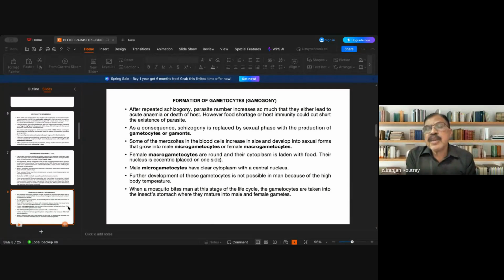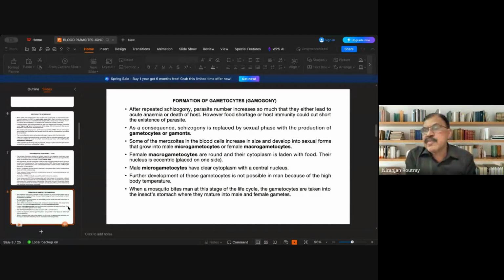Macro means very large, because throughout evolutionary history, the female gametes of all organisms are larger, since they are laden with food. Due to the deposition of food, the nucleus is brought to one side. It is eccentric in nature.